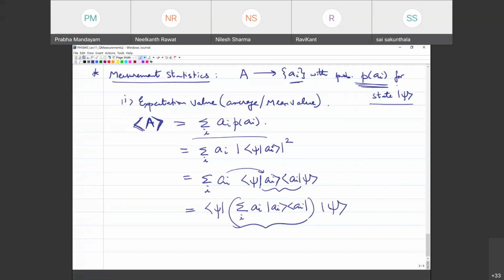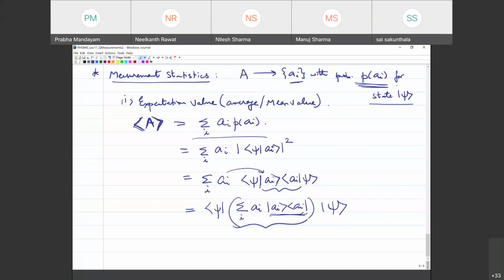Operator A. What is this? It is a sum of projectors times a_i. What are the a_i?